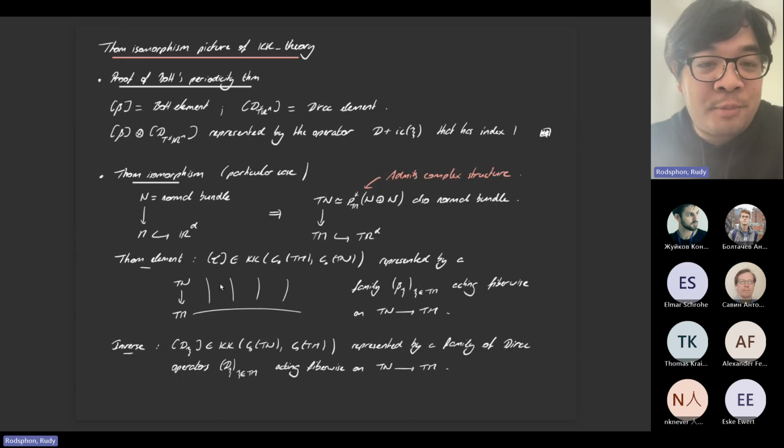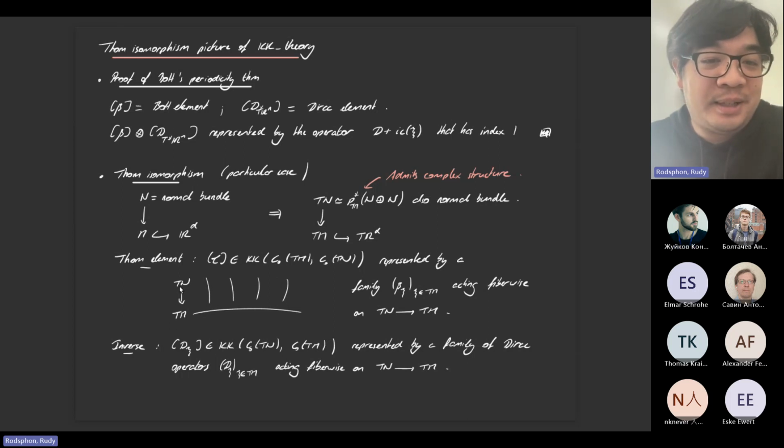You have families of Bott elements on the fibers, the ones we had seen before, but a family over Tm. Then you have families of Dirac operators on the fibers also, same thing. If you multiply the two, then on every fiber you have index 1.